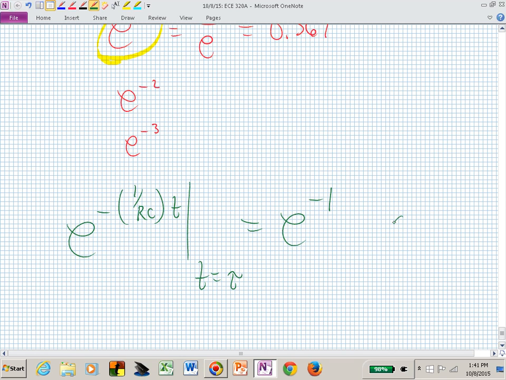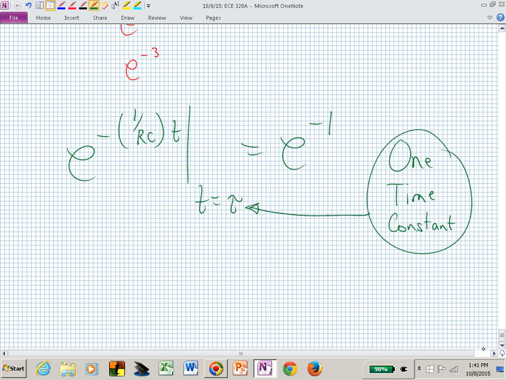This is 1 time constant. That's this tau. And this is doable, right? Now we're setting that equal to that. So that now we can look at this and say, oh, we have 1 over RC times tau is equal to 1.